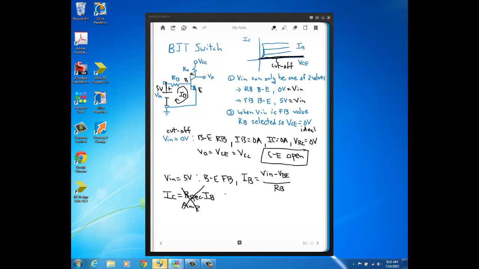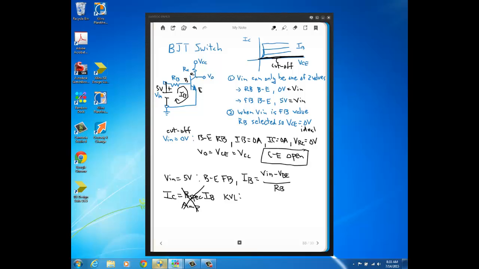So the way that you obtain the collector current when you have a BJT switch is you just do a KVL around the collector loop. And here the KVL is real simple because you only have a source and a resistor. Now this is where the second condition comes into play: remember, when Vin is the forward bias value, we select RB such that VCE is equal to 0.